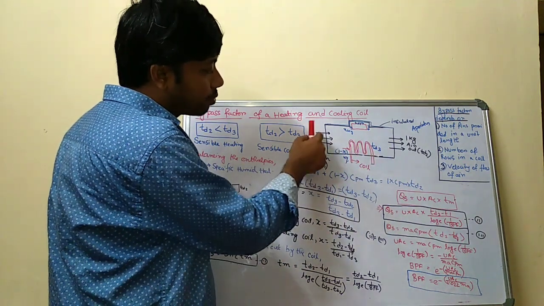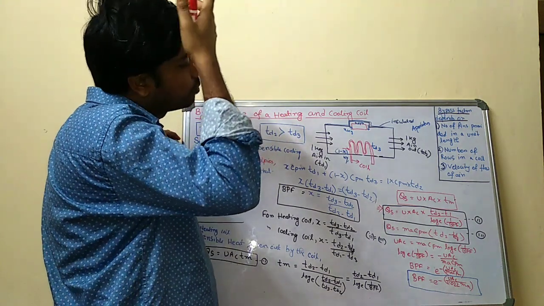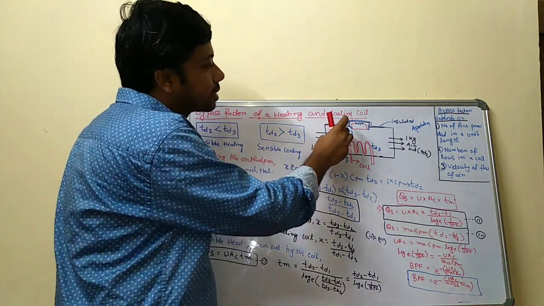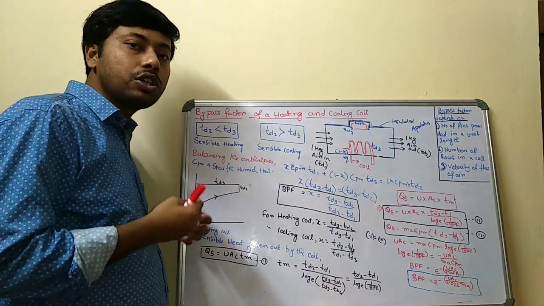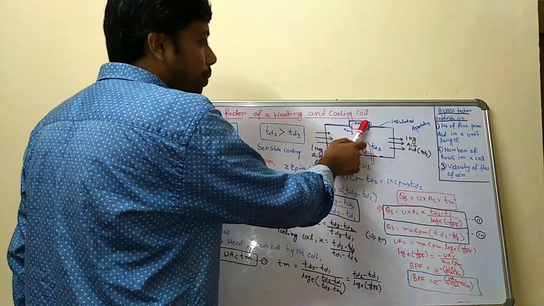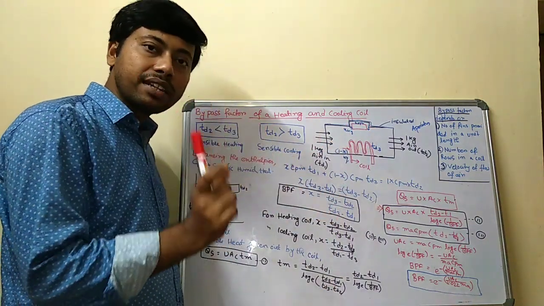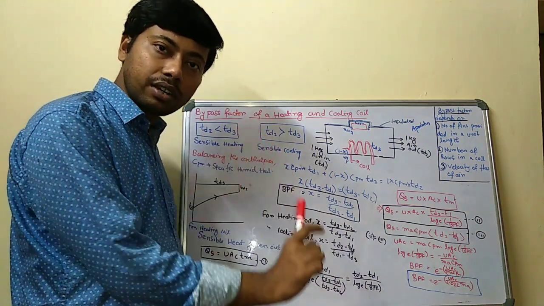So we are assuming that first of all the total amount of air was 1 kg. Now, out of this 1 kg, x kg of air bypasses. The remaining portion is 1 minus x kg, and that is directly contacted with the coil.